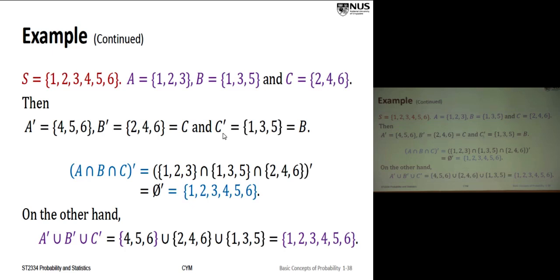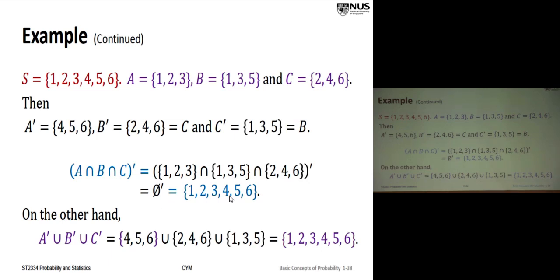Now if I ask the question, what's A intersection B intersection C? Well, we already worked that out. Oh, sorry, A intersection B intersection C. If I look at this, yes, it's empty. So the complement of this empty set is the sample space.